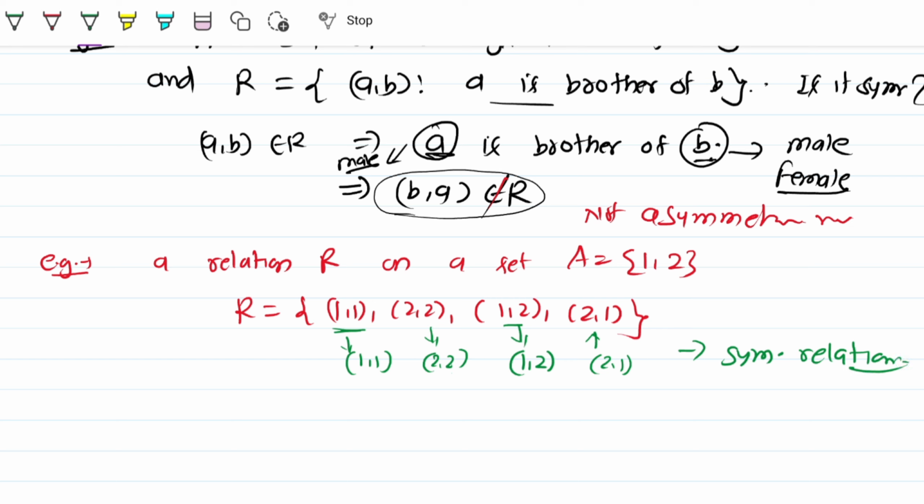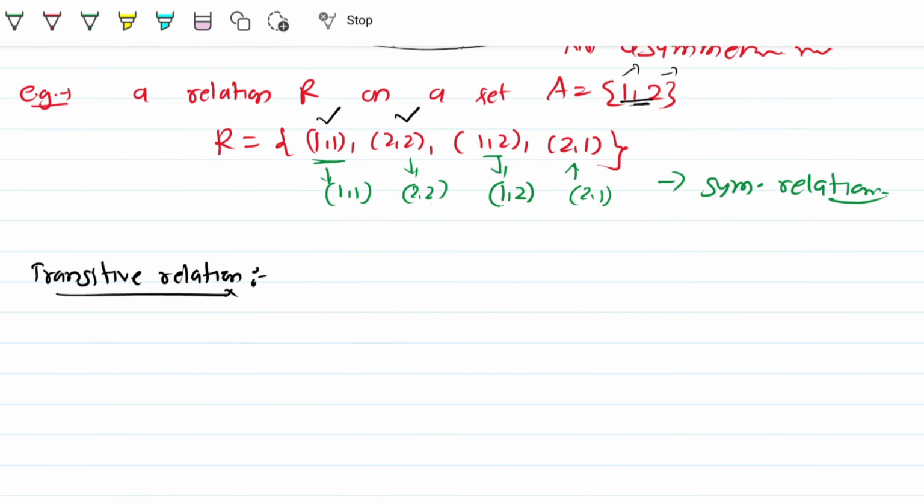Now since we have already covered reflexive, can you tell me, is it a reflexive relation? To check reflexive, every element of the given set A should be self related. It means we have to check 1 1 and 2 2. 1 1 is there, 2 2 is there. It means this is reflexive also.